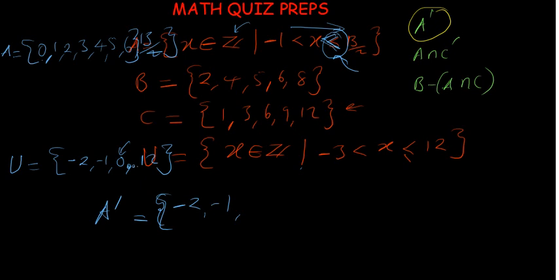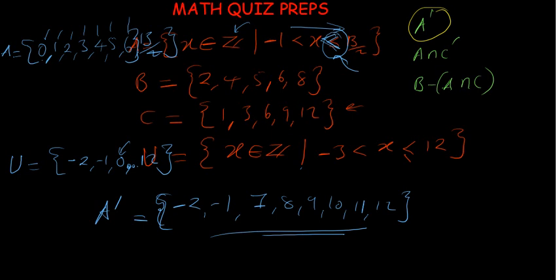So we are going to remove 0, 1, 2, 3, 4, 5, 6. So we are removing all those. So we are going to continue from 7, 8, 9, 10, 11, and 12. So that will be the A complement. Is that okay?